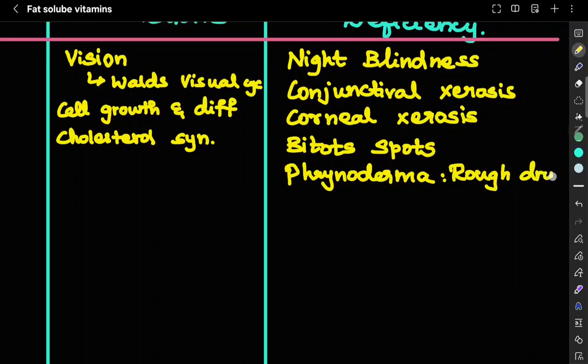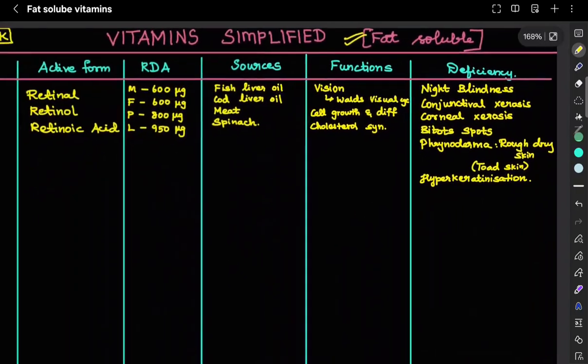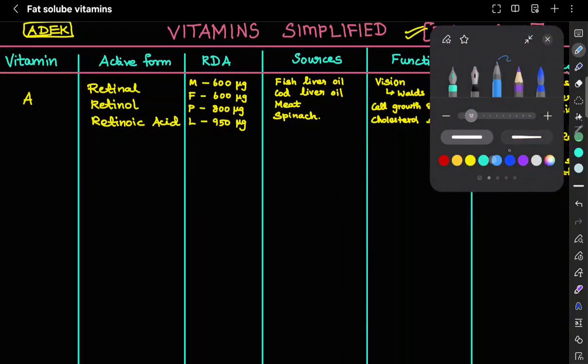Rough, dry skin, like toad skin. Hyperkeratinization. So this is about vitamin A.